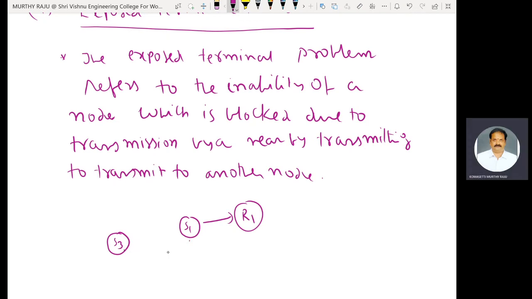S3 node knows the ongoing transmission takes place between S1 and R1. That is the reason that even though collision is not there, S3 did not send any information to R2. Transmission is not permitted.